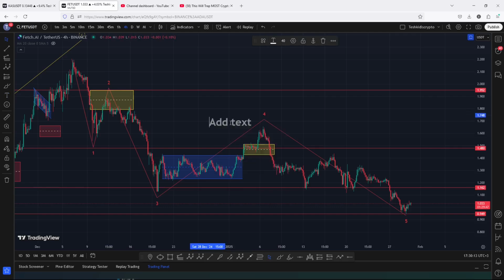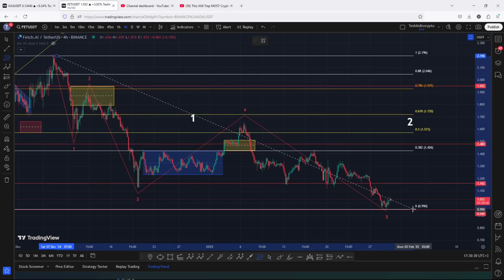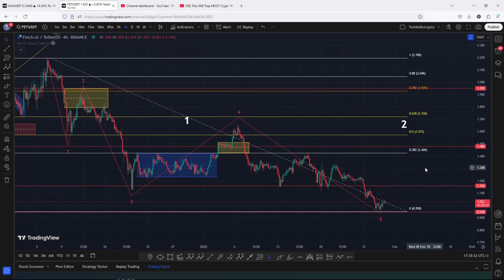So we can term this as a wave 1, and there's a chance that we can get a bounce back in a wave 2, whose minimum target areas can be given by connecting the fibs from the high we made above the 2.2 to the lows we made below the 0.95, and we get a minimum bounce back target area between the fib level 0.618 and the fib level 0.382, and that is between the 1.426 and the 1.72, which is the blue target area that I have marked on the charts.